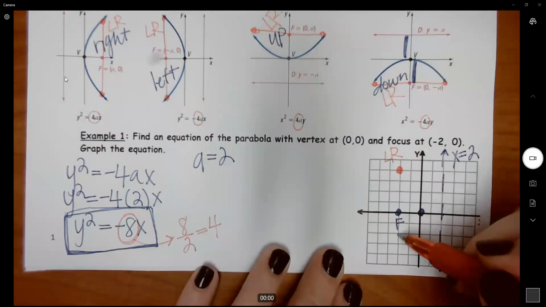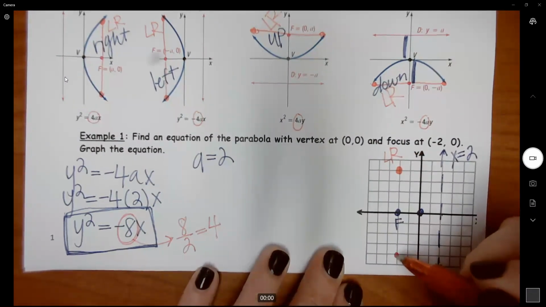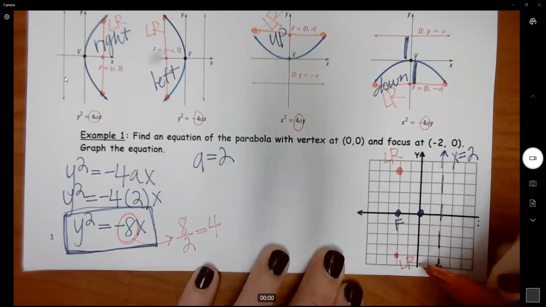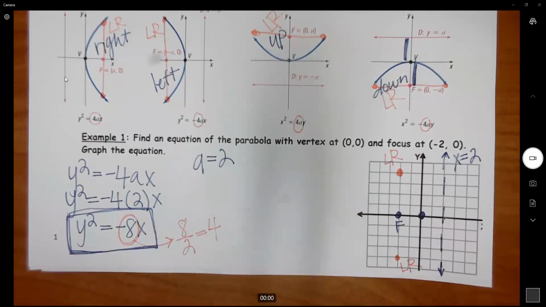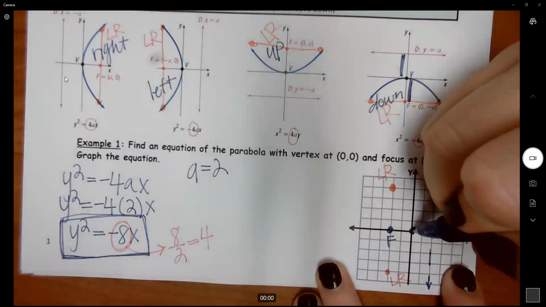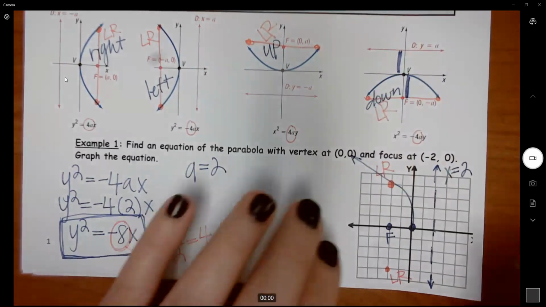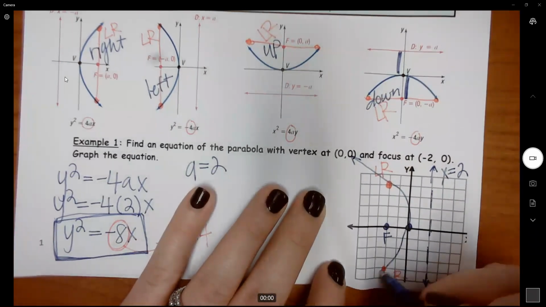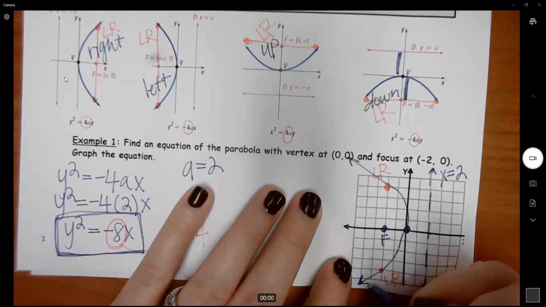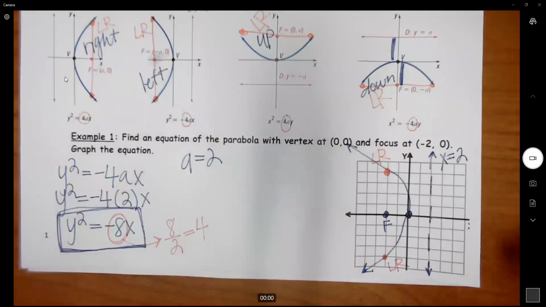And I can go 2 units down for my other one. This tells me my shape. So I'll go from the vertex through that latus rectum, and there is my wonky parabola.